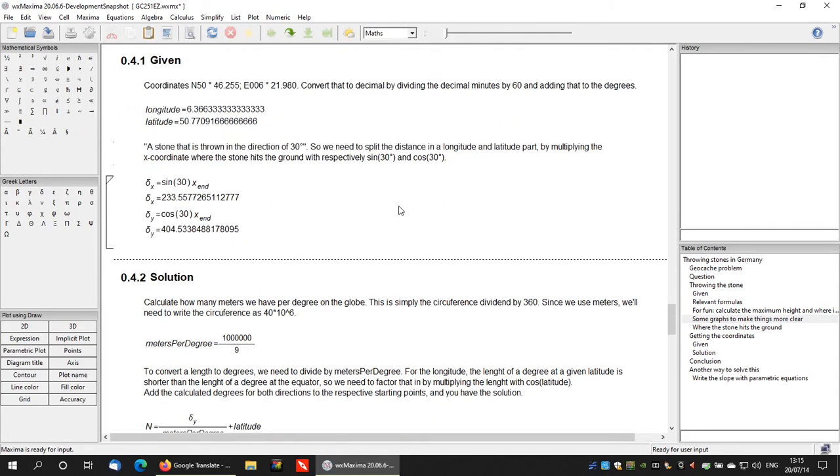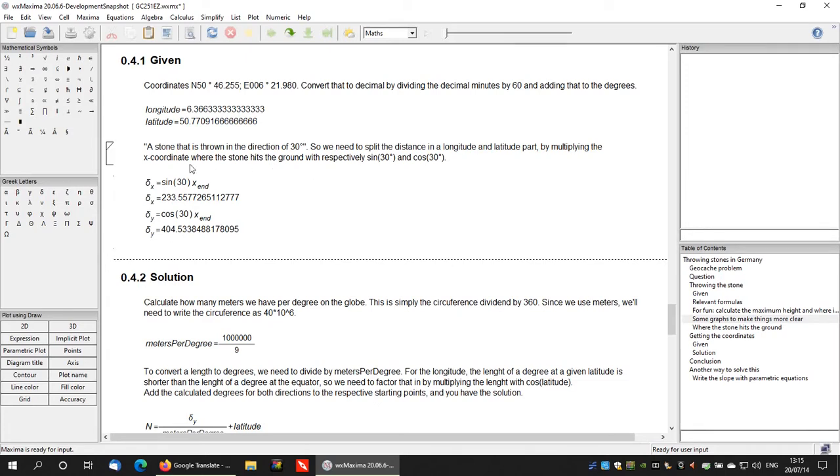So I put my x-axis this time to the east, and the y-axis is to the north. So we end up with 233.5 meters to the east, and 404.5 meters to the north.